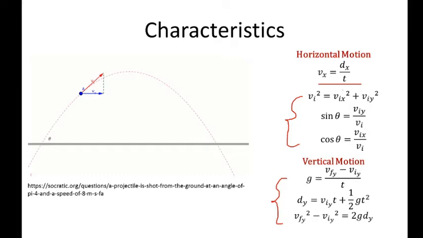So if you recall, this formula right here is just Pythagorean theorem, which says that the square of the hypotenuse is equal to the sum of the squares of the two sides. And then this one just comes from the trigonometric functions, or the SOHCAHTOA. So you can use this formula to determine the initial velocity in the y, and you can also use this formula to compute for the initial velocity in the x, given the initial velocity and the angle, of course.